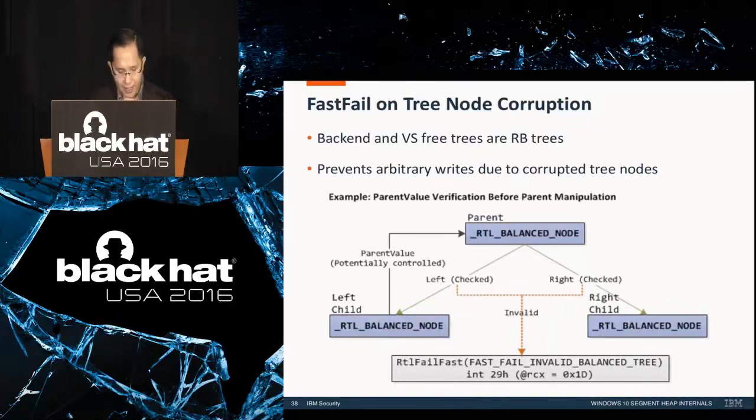So to prevent this, the NTDLL functions for manipulating the trees will follow the parent value and then check if one of its children is indeed the left child. And if not, there will be a failure in validation. It will cause the fast fail mechanism to be triggered, causing immediate process termination.